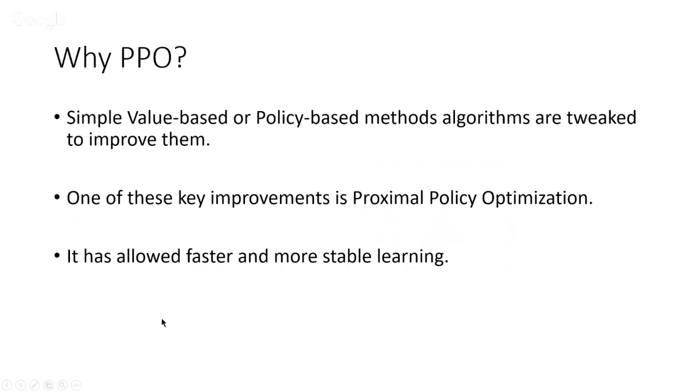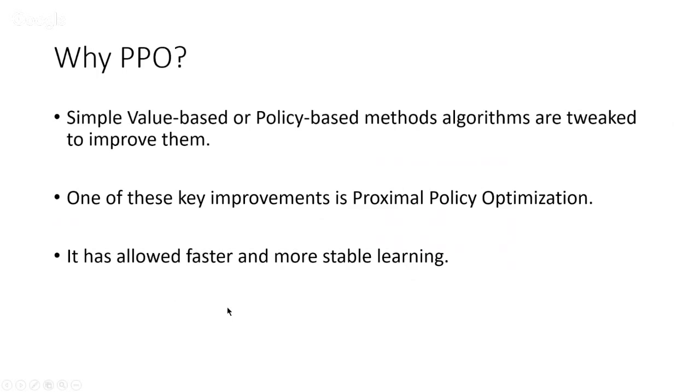You might have seen this when you solved your projects as well: once you solve the environment, the score goes up, you have solved it, and after some time it collapses. That is not acceptable. It shouldn't happen, at least when you work on real life problems, real life projects.